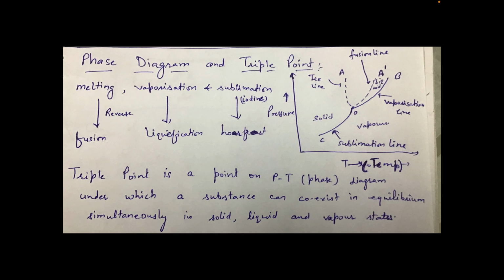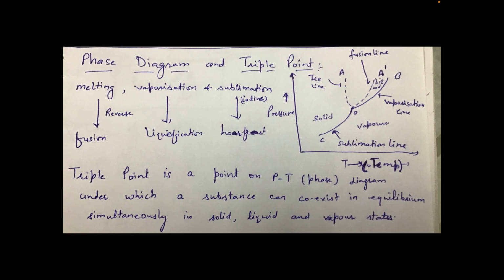First of all, we discuss melting. Melting is the process in which a substance changes its state from solid to liquid. Generally, all the substances expand on melting except ice.